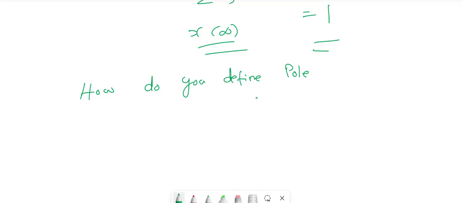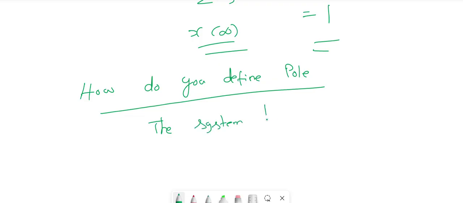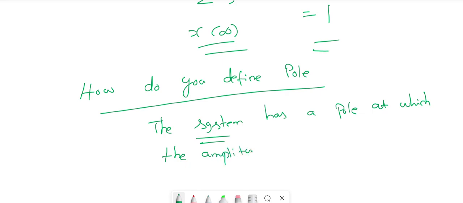So, how do you define a pole? The system has a pole at which the amplitude of the system becomes infinite.